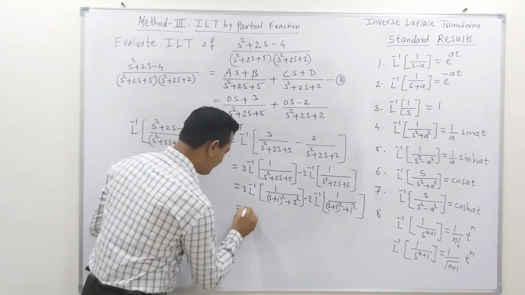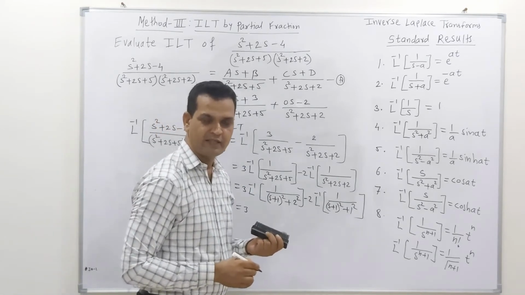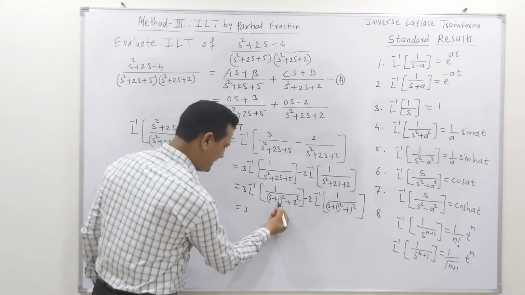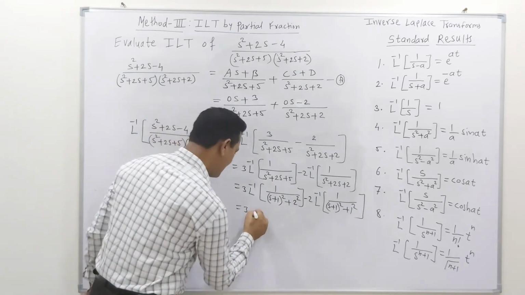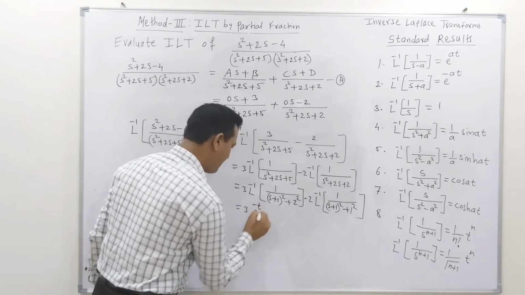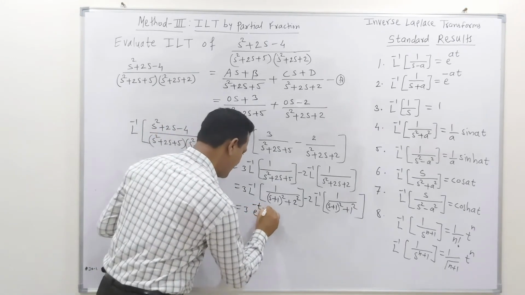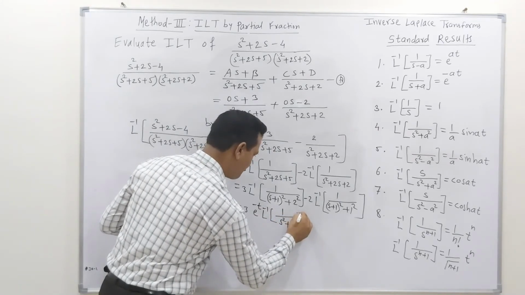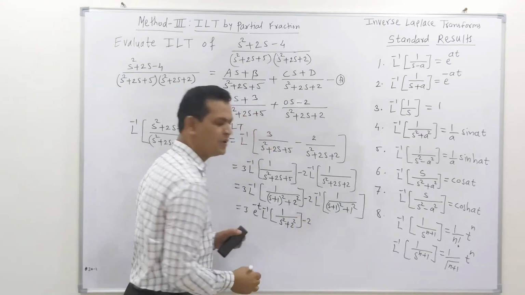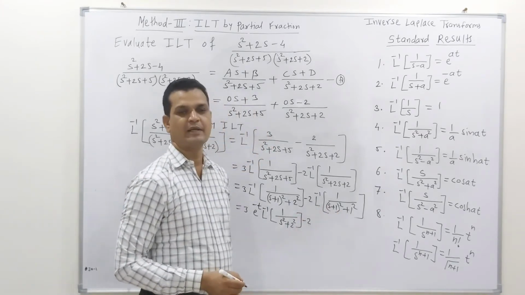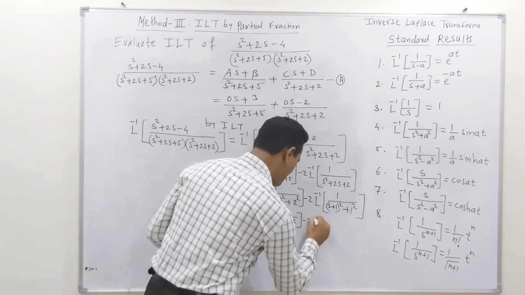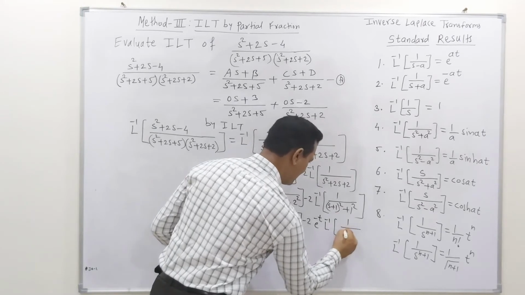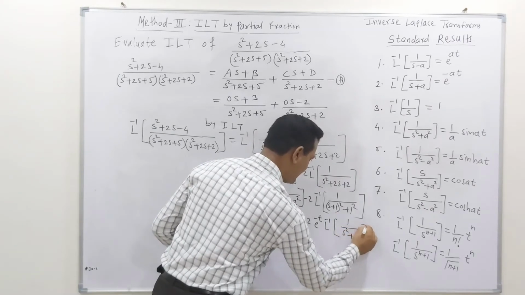According to the second shifting theorem for inverse Laplace transformation, here the constant a is added to the parameter s, so we can write this as e raised to minus t into inverse Laplace transformation of 1 upon s square plus 2 square, minus 2, again 1 is added to the parameter s, we can write this as e raised to minus t into inverse Laplace transformation of 1 upon s square plus 1 square.